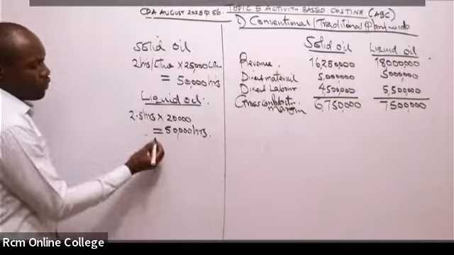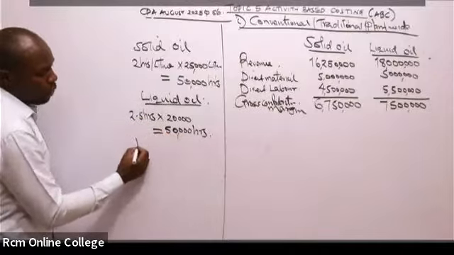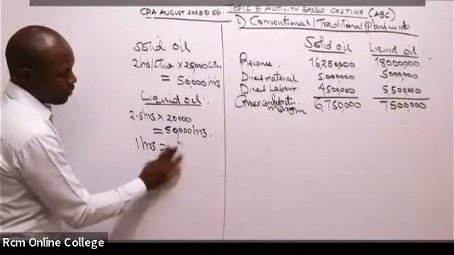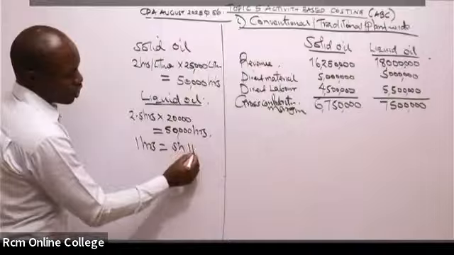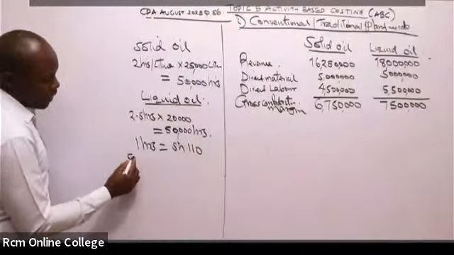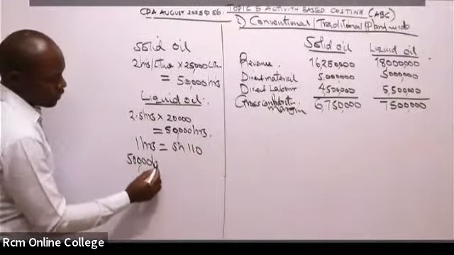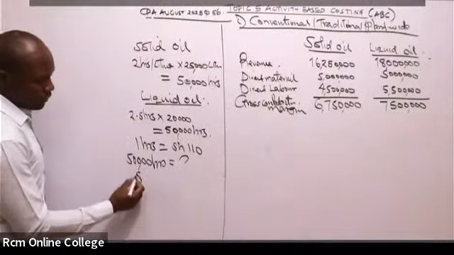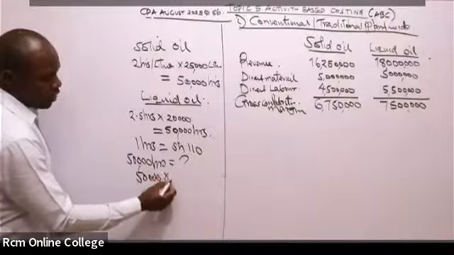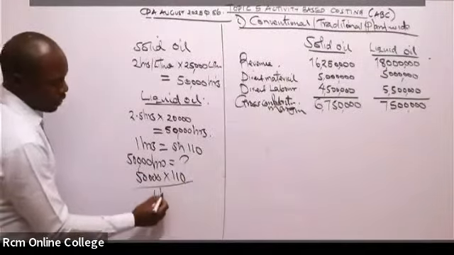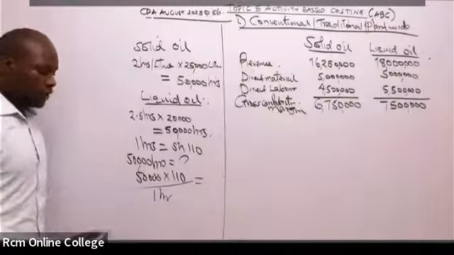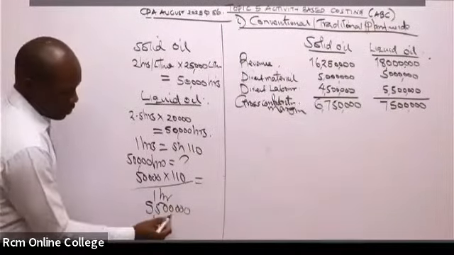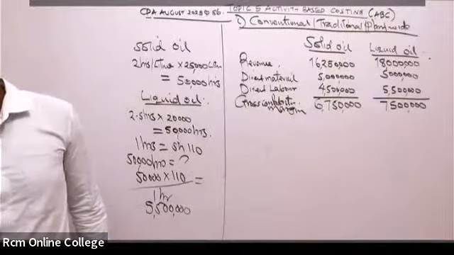Under the liquid oil, we have 50,000 hours. 1 hour is equal to 110 shillings. 50,000 hours will be equal to how much? So we take 50,000, multiply by 110, divide by 1 hour. Is it giving you the 5,500,000?